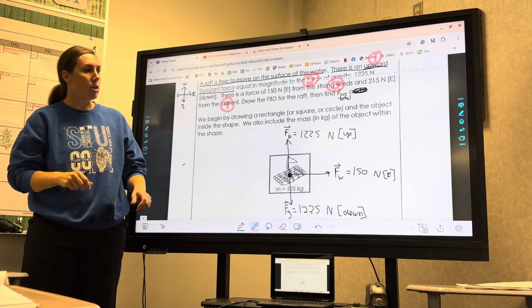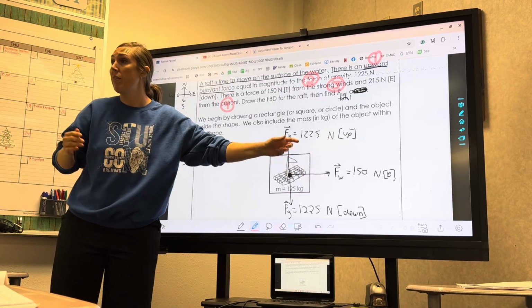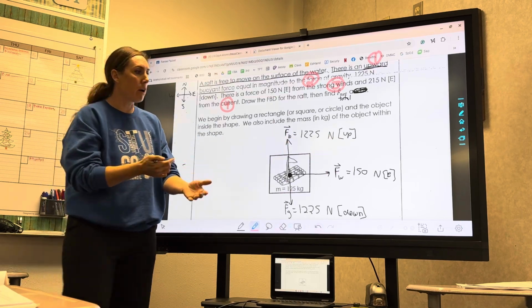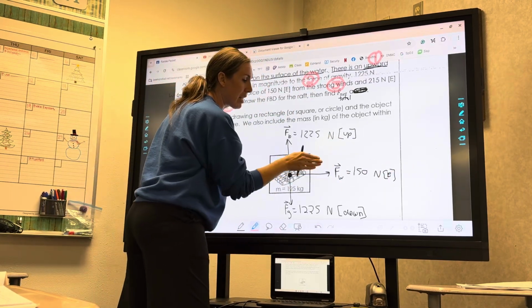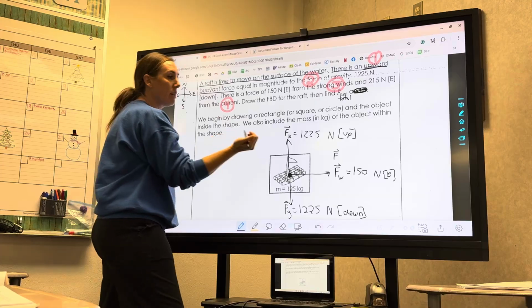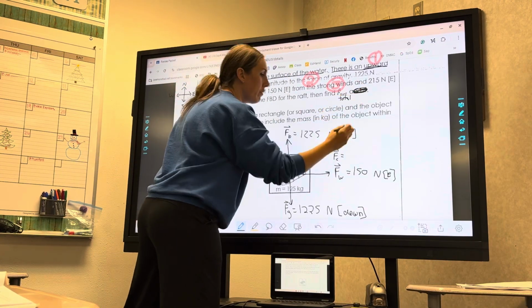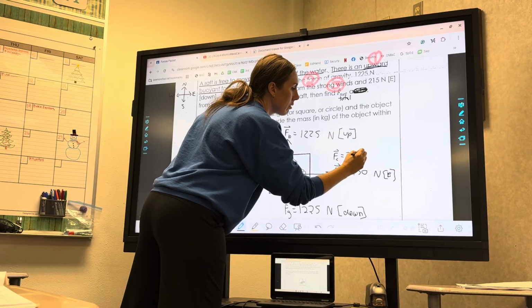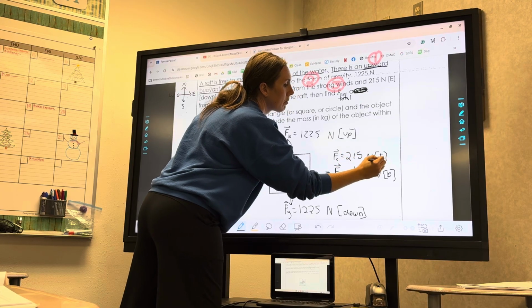Okay, now y'all, there's already something taking up the space of eastward. That's fine, just put another one there. You can put it right behind it or you can put it right next to it, as long as I can tell it's in the eastward. So this one is the force of the current, so I'm gonna pick sub C, is 215 newtons eastward.